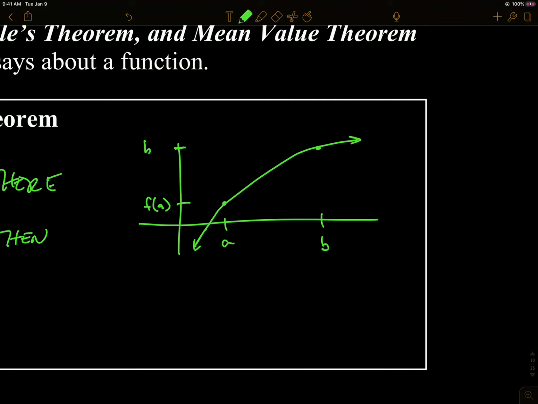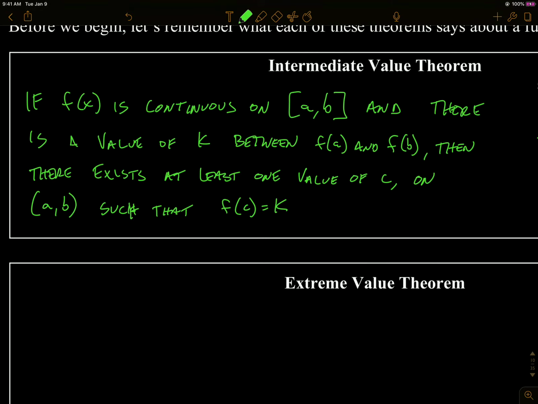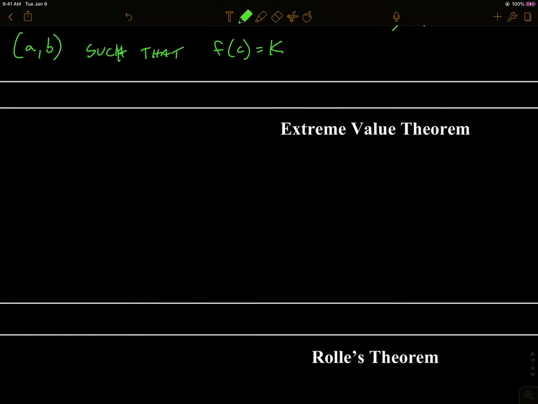We'll call this f of b. We're saying that if it's continuous over this interval, there has to be some c on the interval, or in between a and b, such that k is in between the y values. So we're saying there's an x value on the interval where there's a y value between those y values of the endpoints of the interval. So that's our intermediate value theorem.